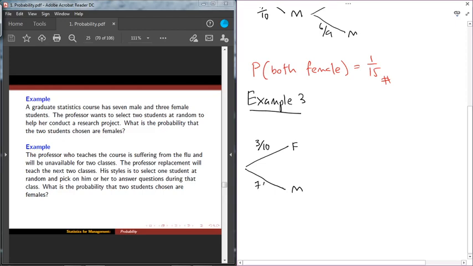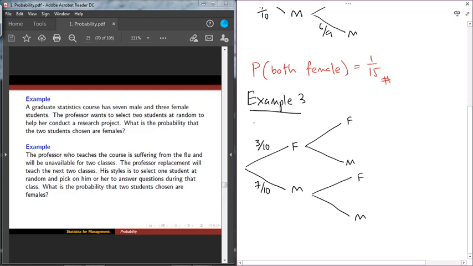Three over 10, 7 over 10, since the quantity of students doesn't change, because the first student can sit back in the group, it remains the same.